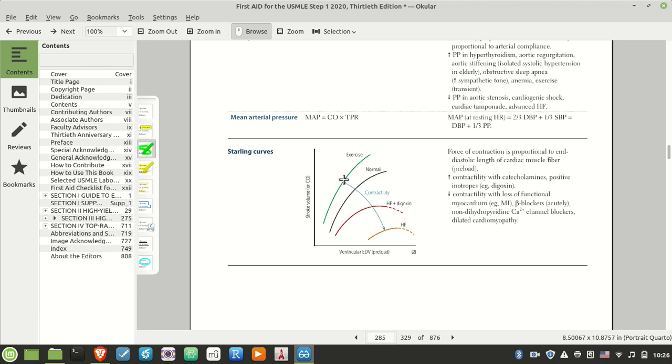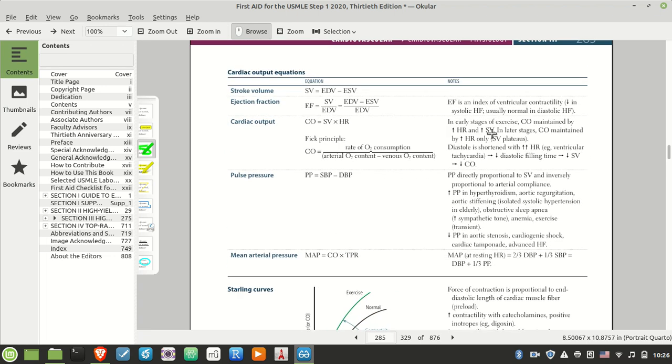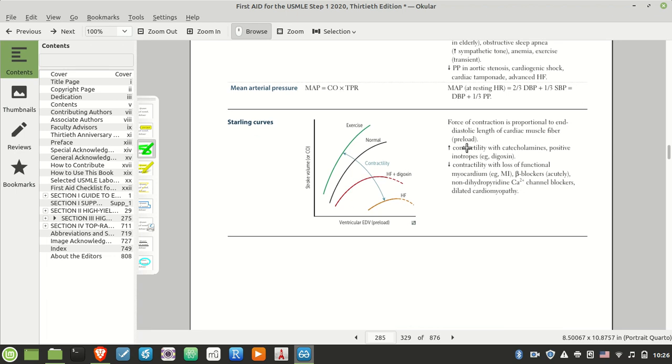And this is something that I should have covered earlier on. Heart rate and stroke volume both increase in the early stages of exercise, but towards the end, you can't really increase stroke volume anymore. Your heart can't get any bigger. You can't pump out more than what you already have. And so heart rate is what ends up causing the increased cardiac output, not an increase in your heart size or in stroke volume. All right, so this should make sense now.